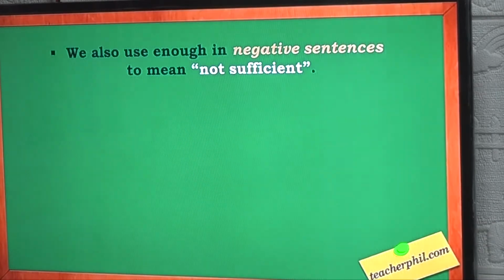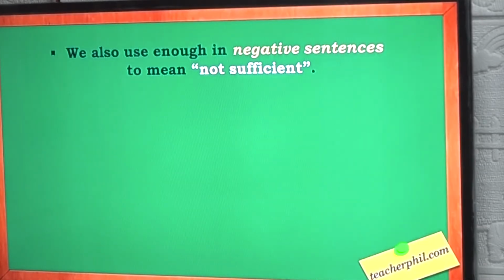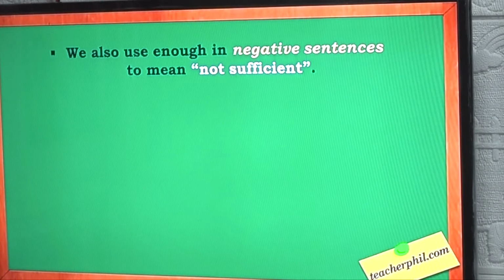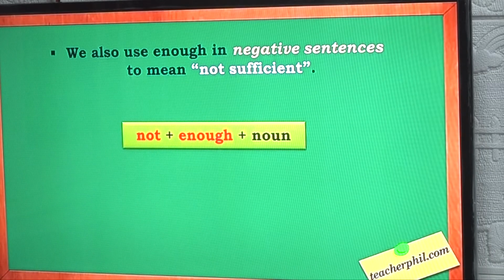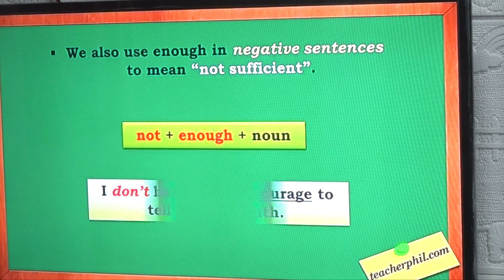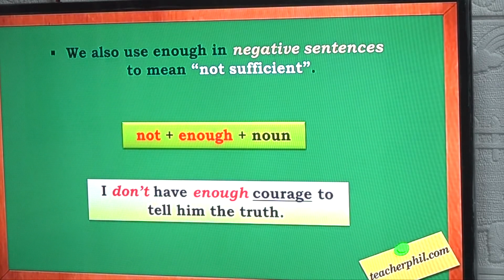We also use enough in negative sentences to mean not sufficient. So basically, if it is with a noun, then we have the structure not plus enough plus the noun. Example, I don't have enough courage to tell him the truth. We have here the negative don't plus enough plus the noun courage.